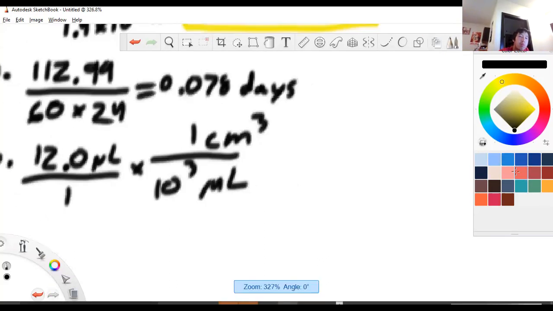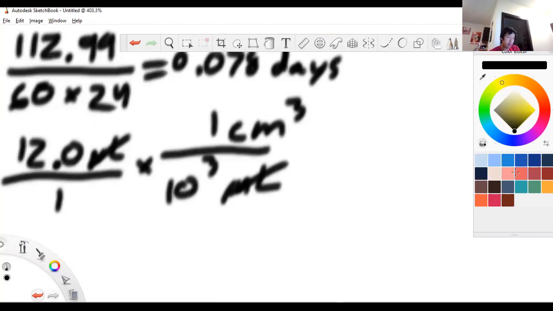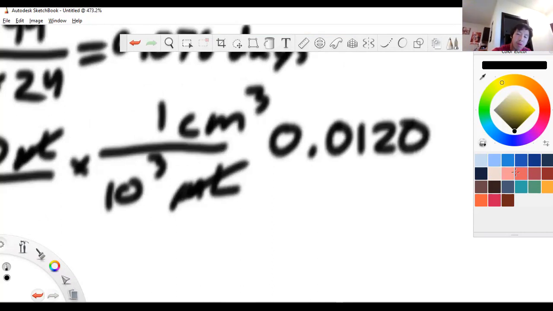Boom. So now, when we do this, 12.0 over 10 to the 3rd gives 0.120.